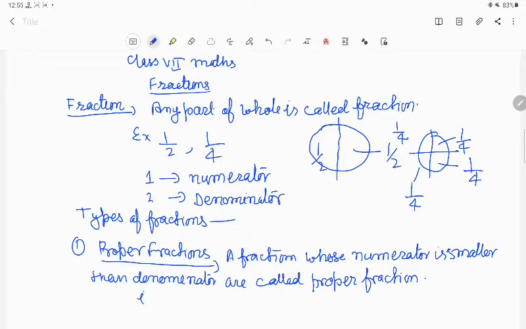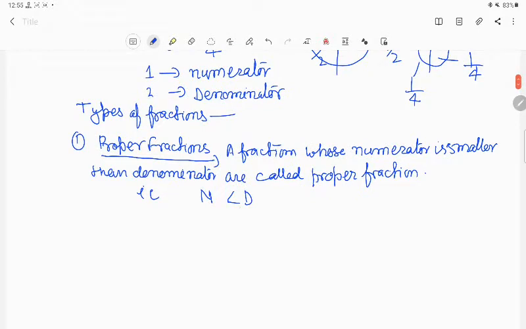In short, we can write, if n means numerator and d means denominator is greater, that is called proper fraction. Example of proper fraction: 2/3, 4/5, 6/7, etc.